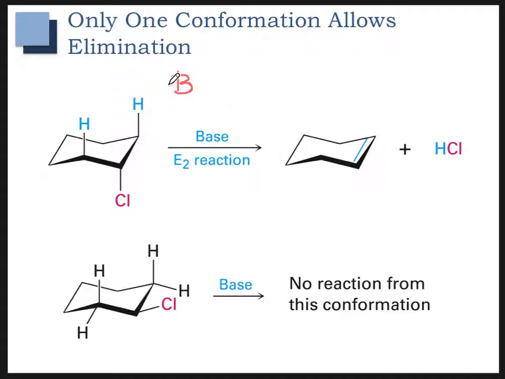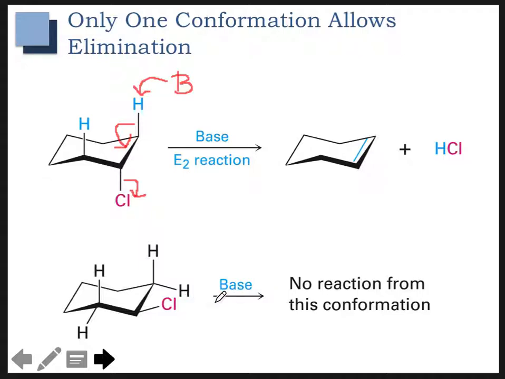So this is going to be my base here. It's going to come in, pull off this hydrogen, electrons come down, chlorine comes off. Right? And so you have to have this particular orientation. Again, if there's not a beta hydrogen in the axial position, we can't do this elimination reaction. Or if the leaving group is not in the axial position, you can't do this reaction.